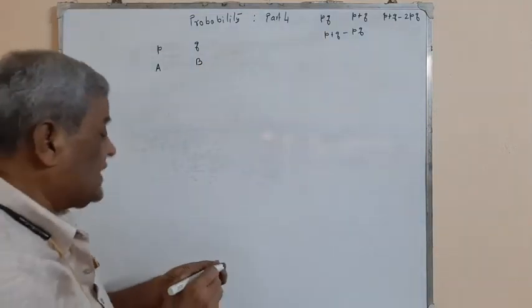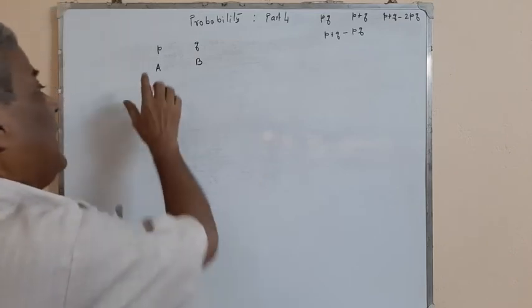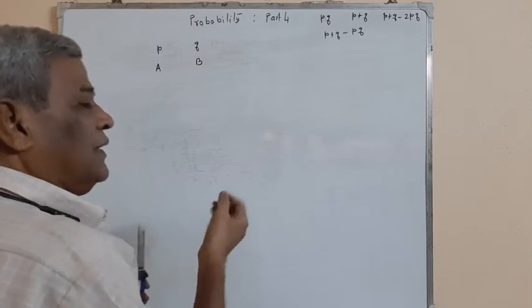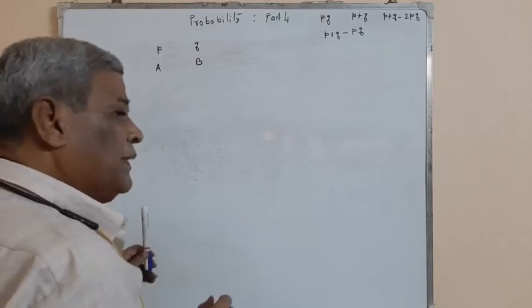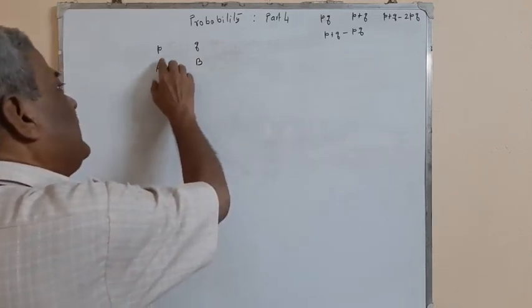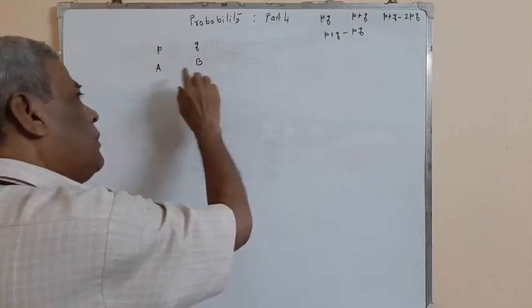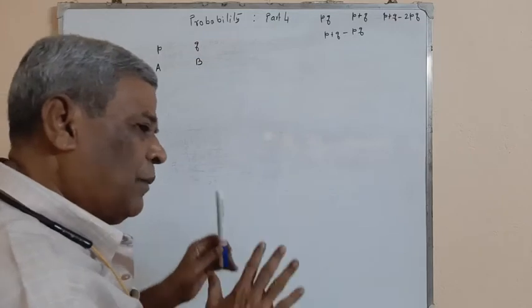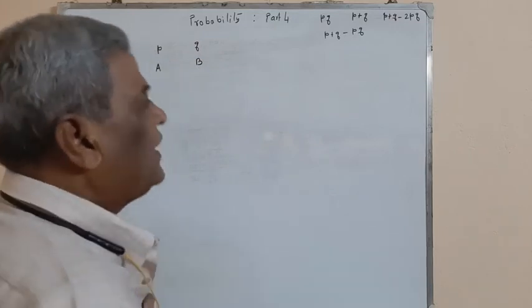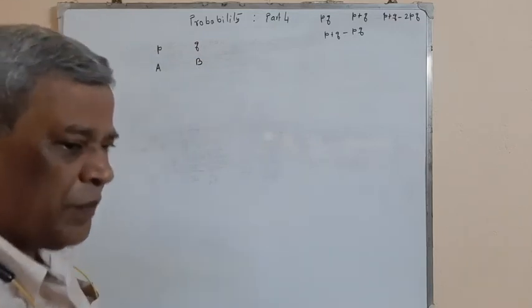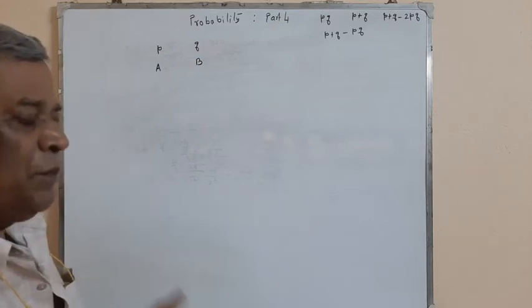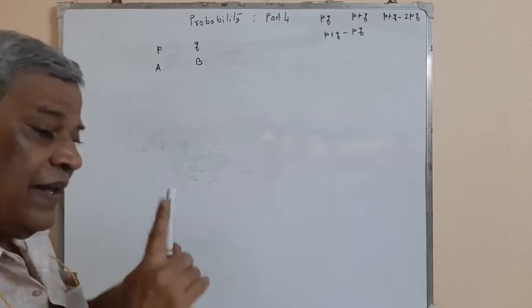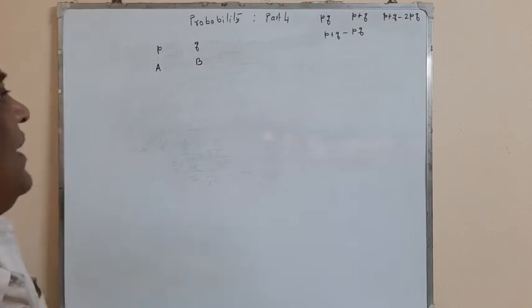I repeat once more. A and B are two students. A particular problem is given to them. The probability that A can solve it is P. The probability that B can solve it is Q. Now the problem is given to both of them. We calculate the probability that the problem can be solved by exactly one of them.